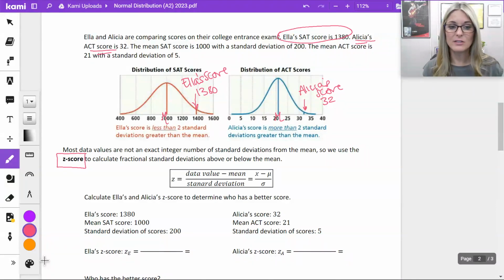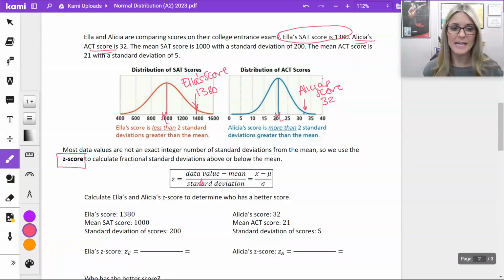To find the z-score, it is your data value minus your mean over standard deviation. I have a slight typo there. So we have our data value x minus the population mean over standard deviation. And just so you know, this formula for z-score is on your EOC reference sheet.